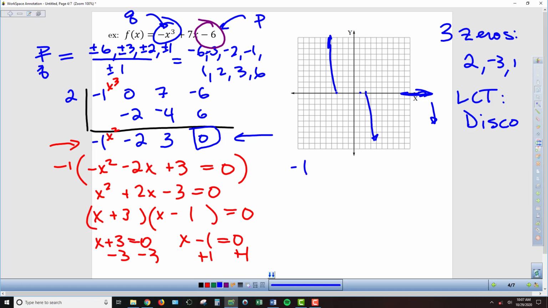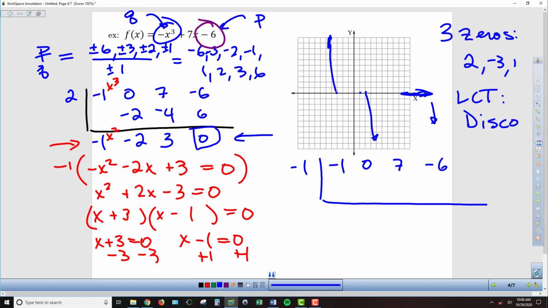So like we did on the previous example, I'm going to use a little synthetic division with -1, and whatever my remainder is going to be the y-coordinate of my graph. So I need to make sure, again, I use that placeholder for the x squared term. So I've got -1 is the coefficient in front of x cubed, 0 for the x squared, 7, and then -6.